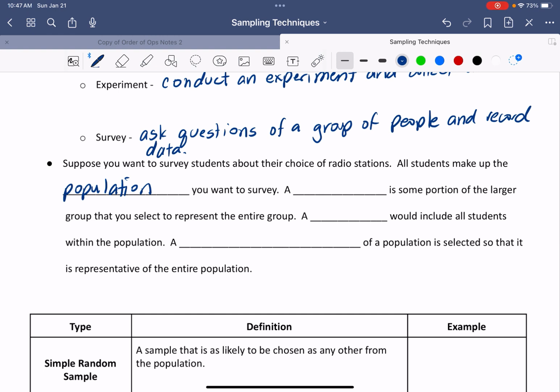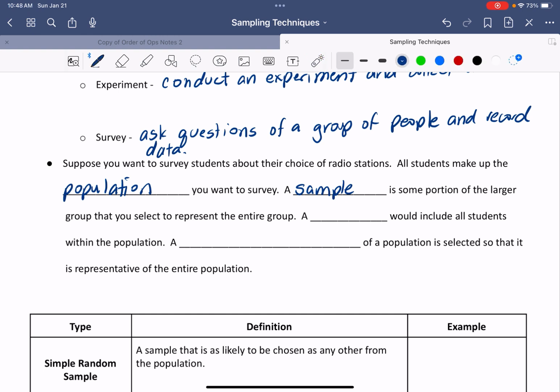A sample is just some portion of the larger group. So we're taking a sample of students, a smaller portion from the entire population, that you select to represent the entire group.